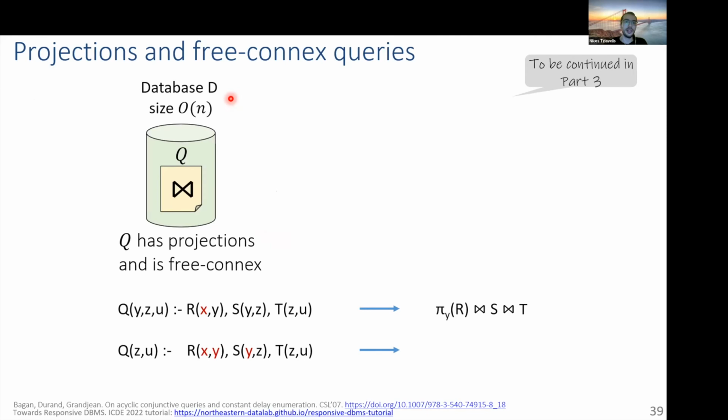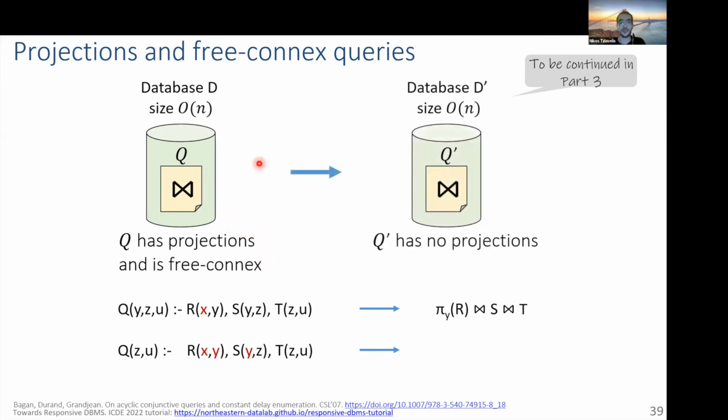If we are given a query with projections that is free-connex, then we can transform it from Q to Q prime, which has no projections, and it's evaluated over a database D prime instead of D, but that has the same size asymptotically as the original one.